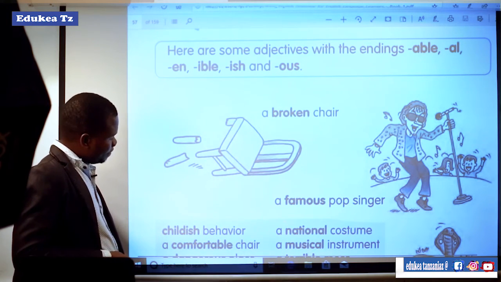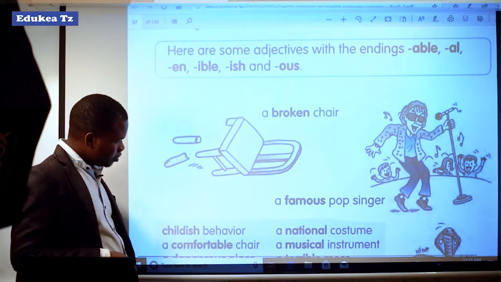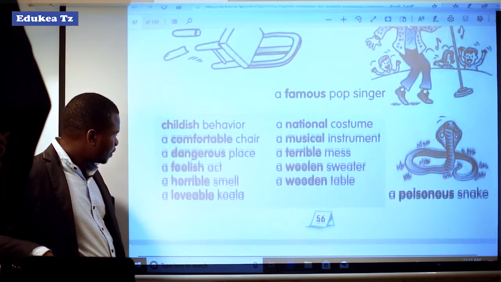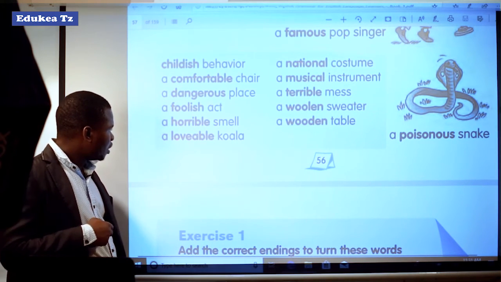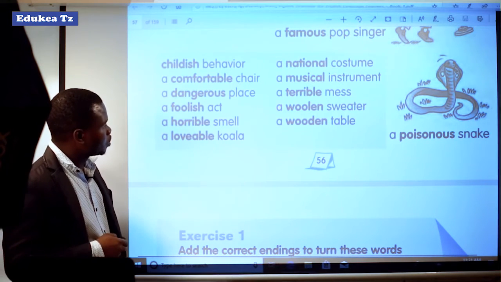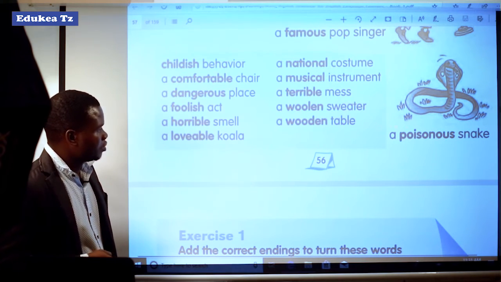A famous pop singer, childish behavior, a comfortable chair, a national custom, musical instruments, a dangerous place, a foolish act, a horrible smell, a lovable koala, a terrible mess, a woolen sweater, as well as a wooden table.